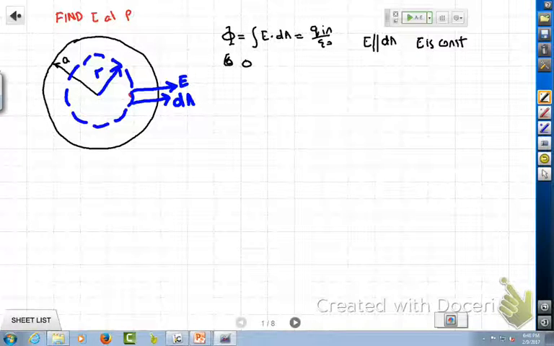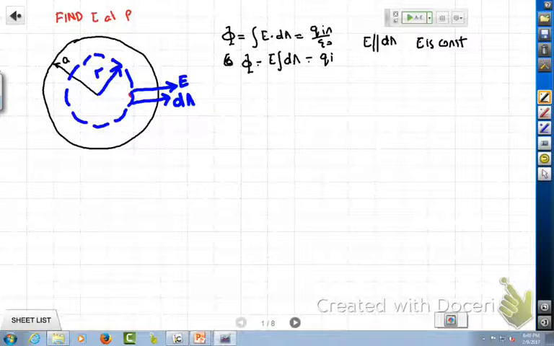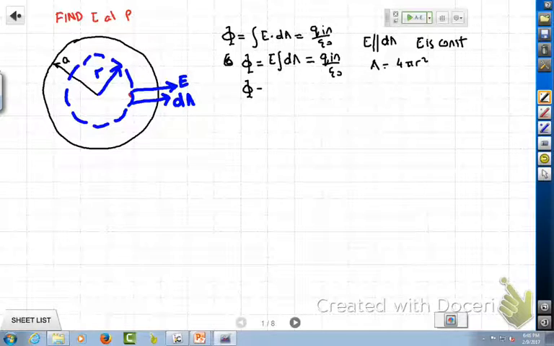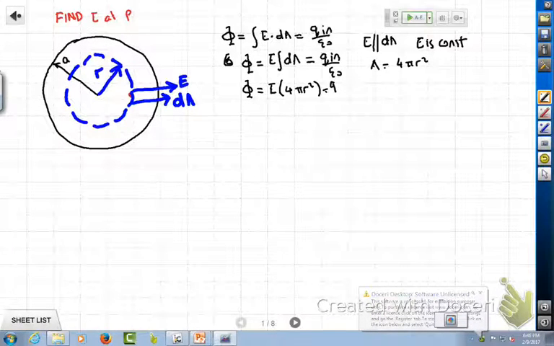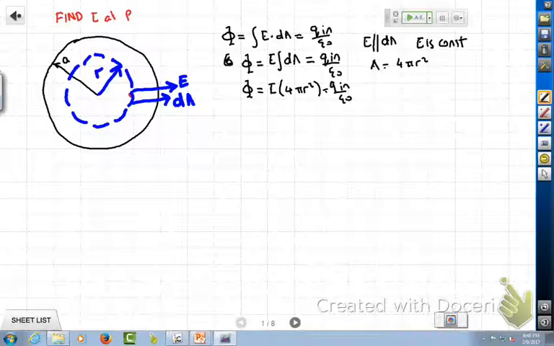So that gives me flux equal to E integral dA, which equals Q inside over epsilon naught. I'm beginning to yawn because I've seen this before. And I guess what he's going to say next is that A is equal to 4 pi r squared. So flux is equal to E times 4 pi r squared, which equals Q inside over epsilon naught.